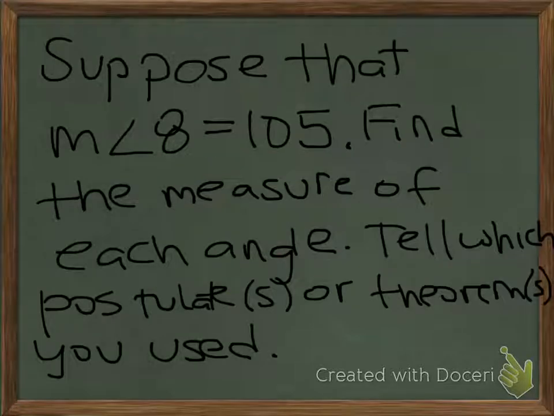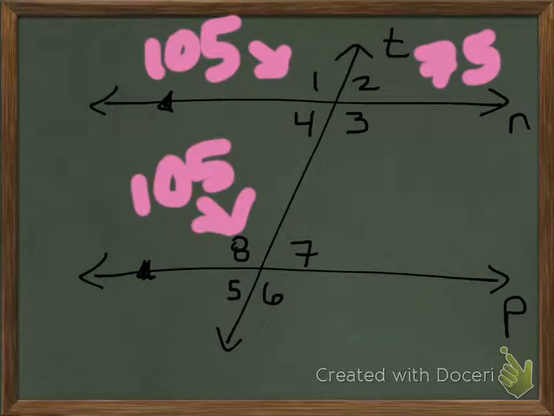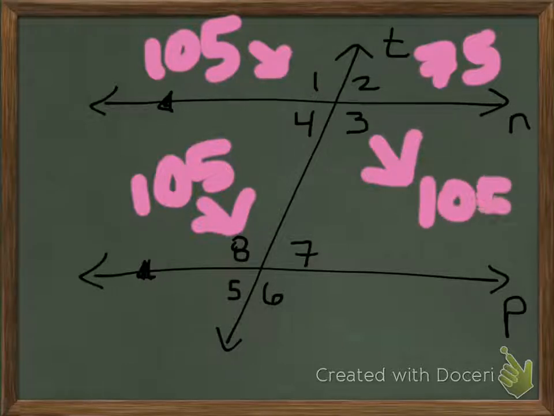And then angle 3. If you look at angle 2 and 3's relationship, that would also be theorem 2.3, the supplement theorem, and you could determine that it's 105. Or you could look across from angle 3 at angle 1, which are vertical angles.